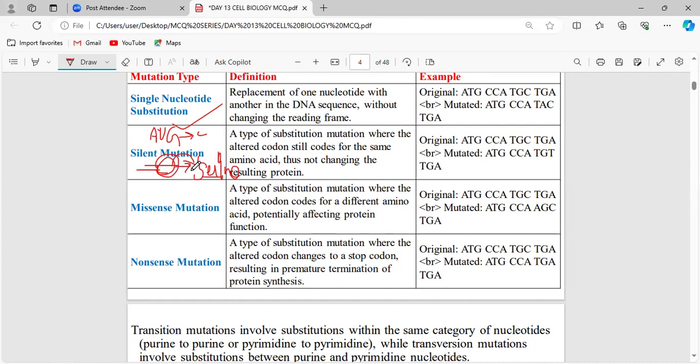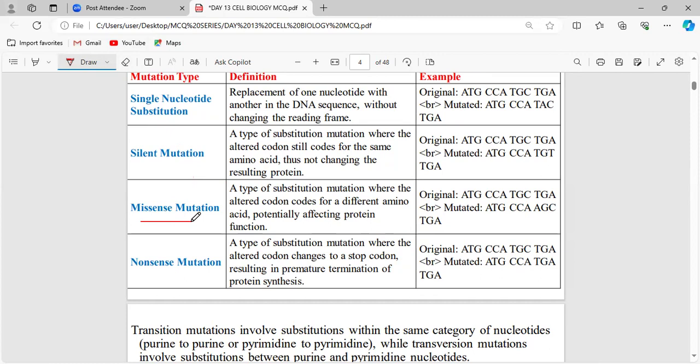Here, one codon codes for serine, and a different codon can also code for serine. So the amino acid coded is not going to change, but the codon will be changed. That is a silent mutation. There will be no impact, or only a minor impact.